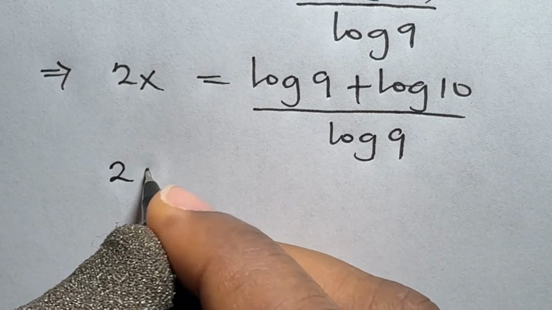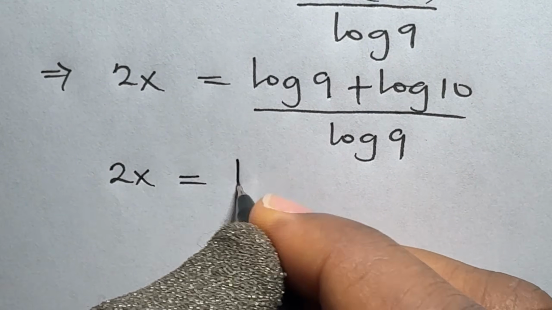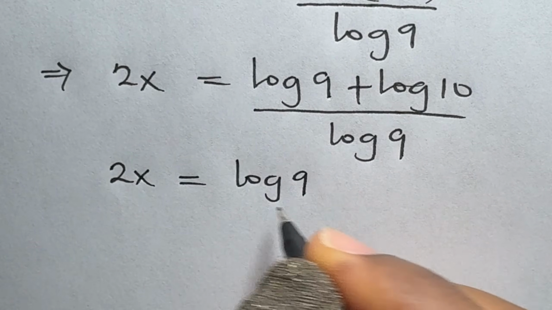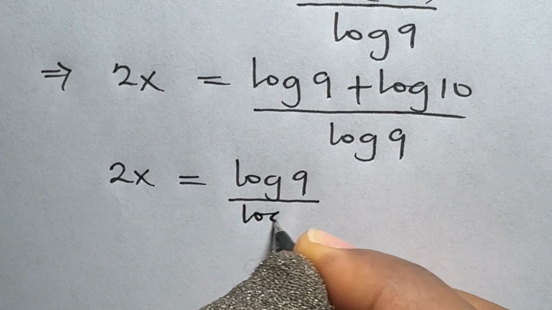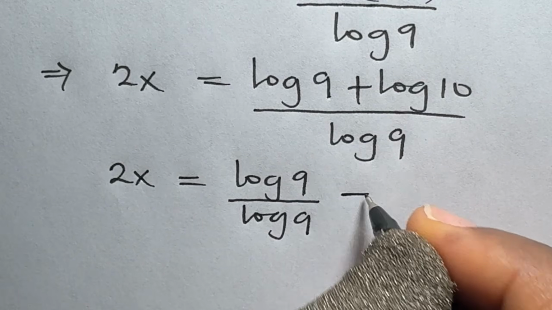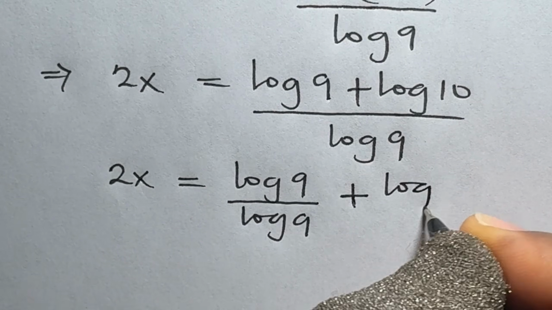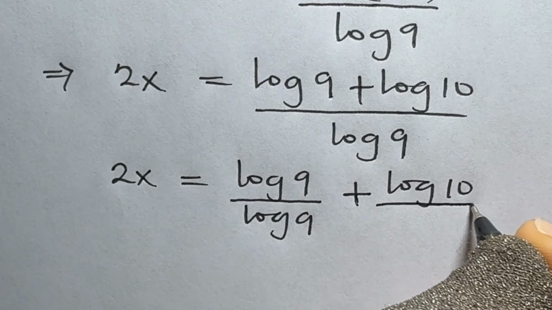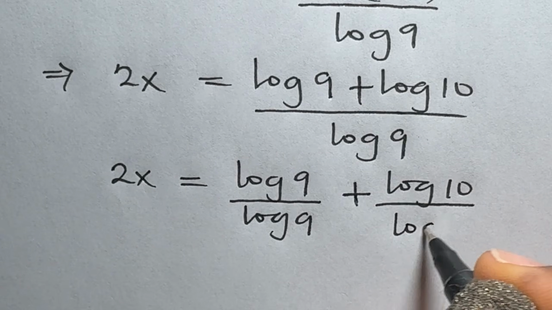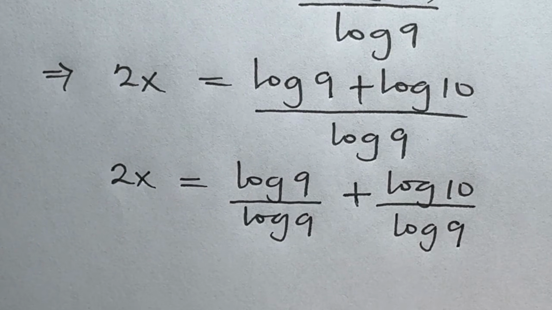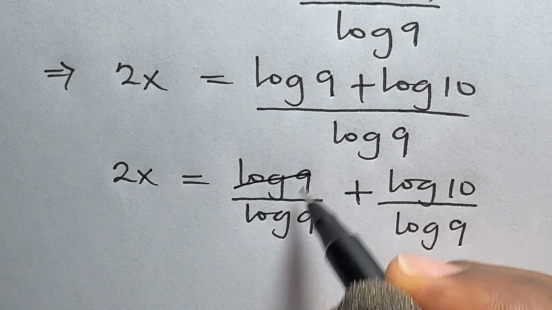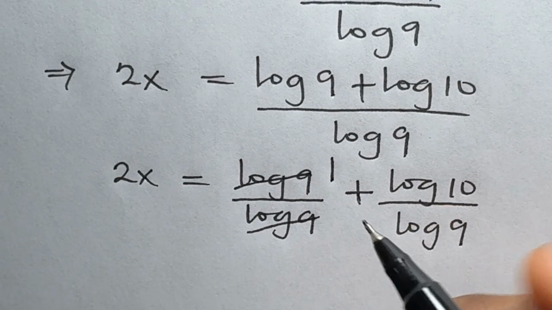Therefore, 2x becomes log 9 divided by log 9 plus log 10 divided by log 9. Log 9 divided by log 9 here is 1.